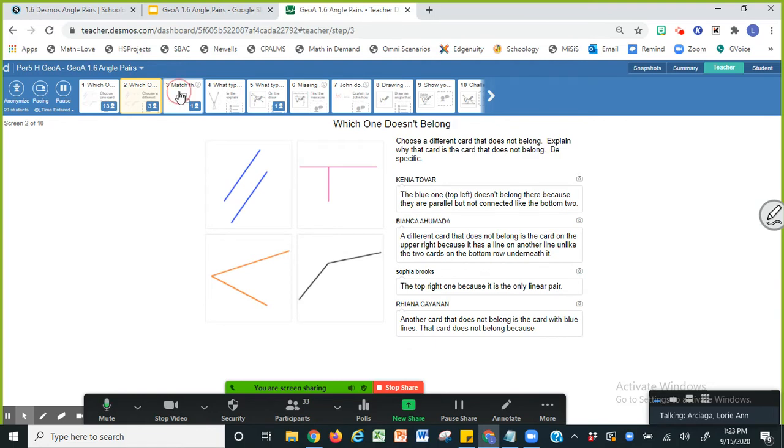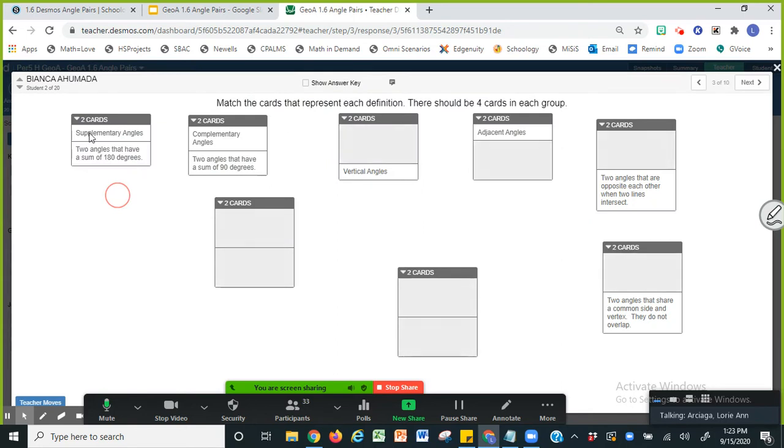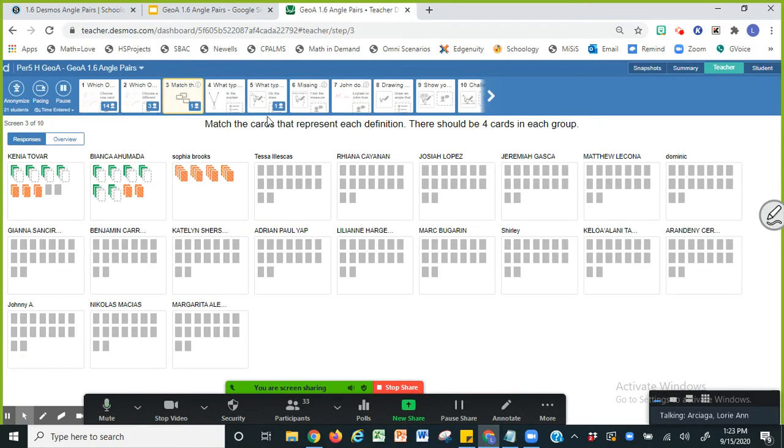And then in slide 3, that's where you are going to match the cards. For example, let me look up Bianca's over here. So Bianca has already matched them: supplementary angles, or angles that have a sum of 180, and so on. So it's like a mix and match activity. Is it making sense to you right now, honey? Yeah, I got it now. Thank you. Okay. All right.